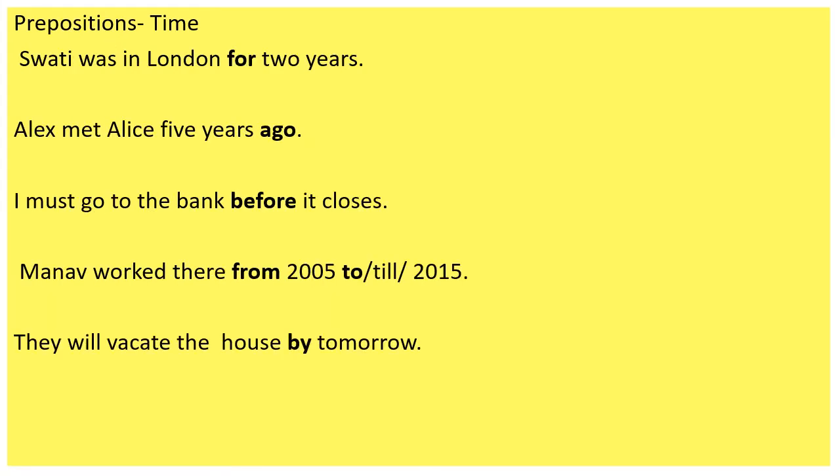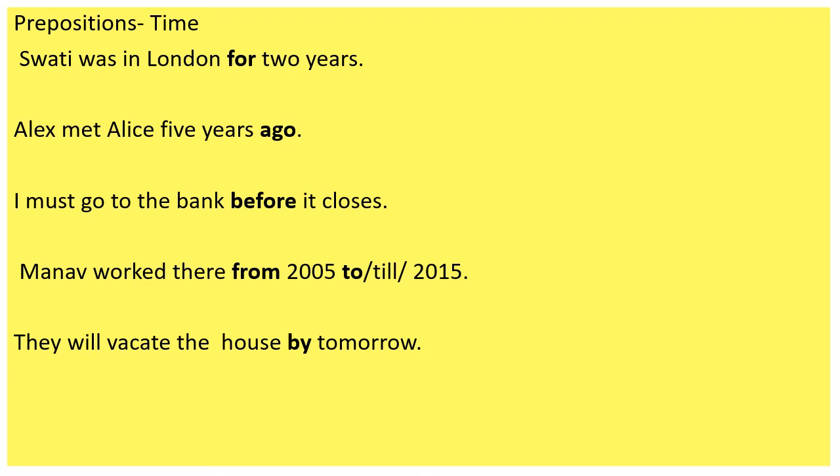Let's see some more examples of prepositions of time. Swati was in London for 2 years. Here, for is used to indicate a duration of time. Alex met Alice 5 years ago. Ago indicates a certain time in the past. I must go to the bank before it closes. Here, before indicates earlier than a certain point of time.